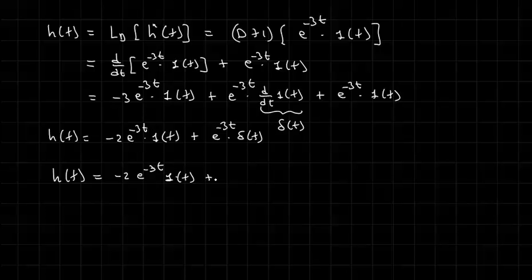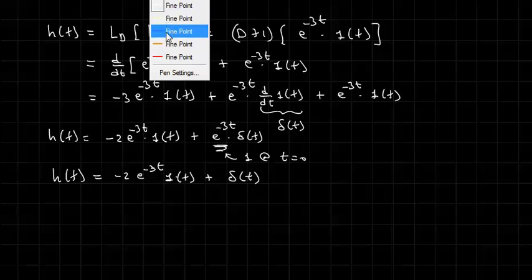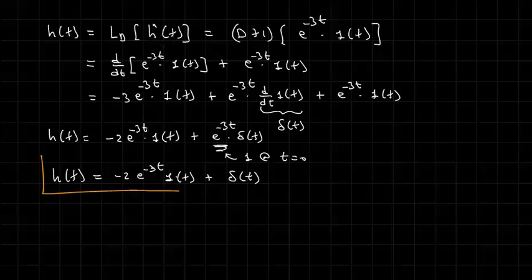Since the impulse function is non-zero only at time 0, the importance of this exponential is simply its value when time is equal to 0, which is 1. So we'll just replace it with 1, because for all other times the delta function will be 0. So that is our impulse response.